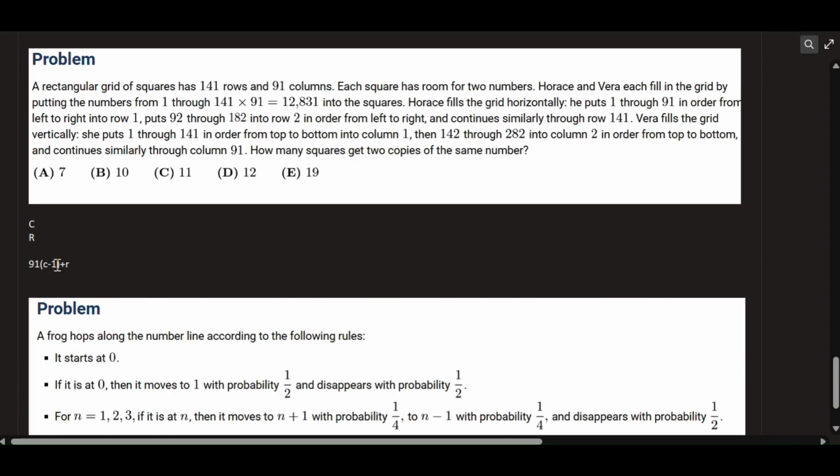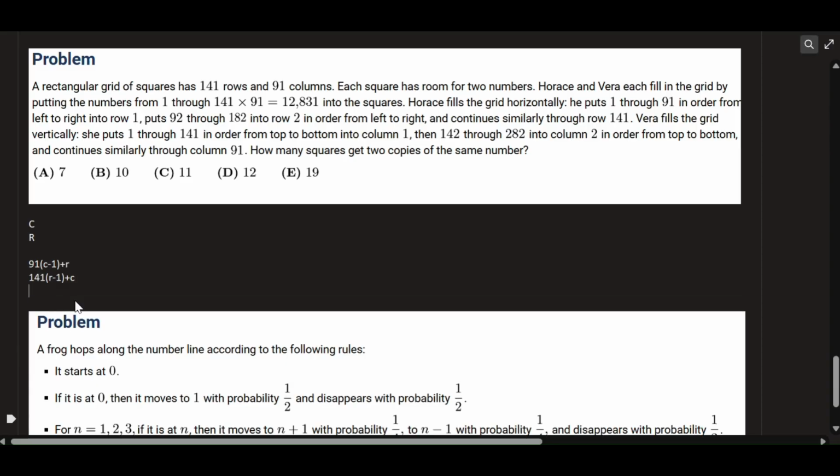When we do the row form, we have 141 times R minus 1 plus C. And we want these to be equal, as they'll have the same number in both scenarios. So we have 91 times C minus 1 plus R equals 141 times R minus 1 plus C.